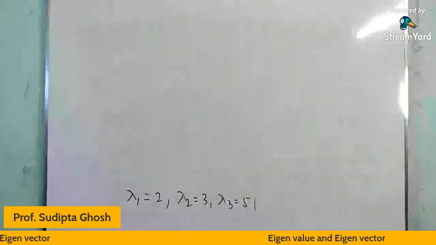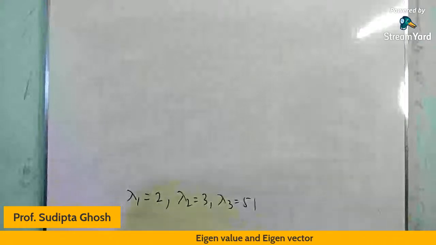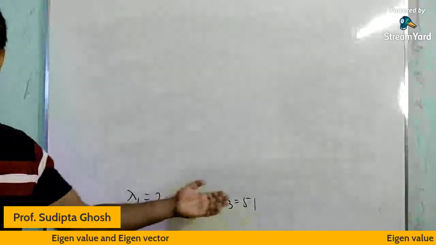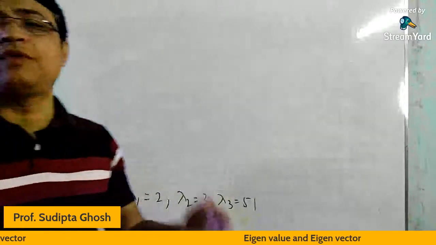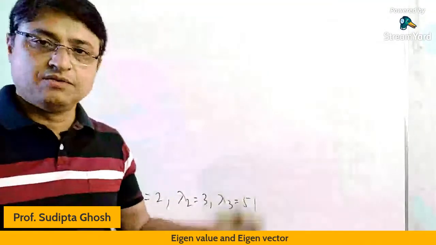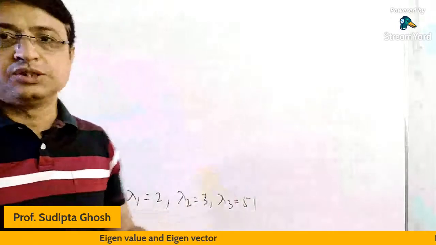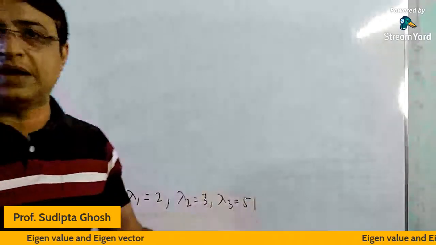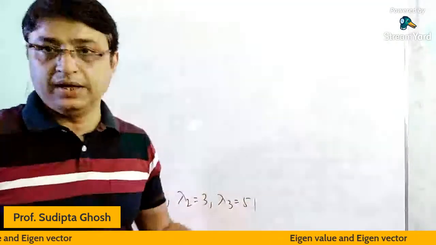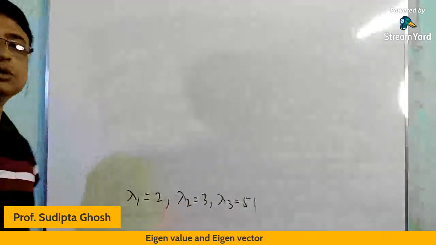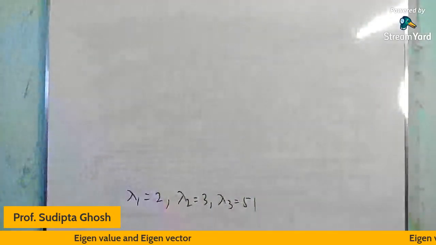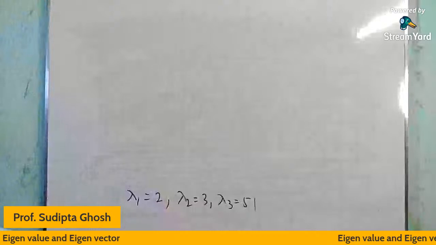Now we have obtained three eigenvalues, and for each eigenvalue you have to find the eigenvector. So since there are three eigenvalues, we have three eigenvectors. Let's start with the first eigenvalue, that is case 1, lambda 1 equals 2.